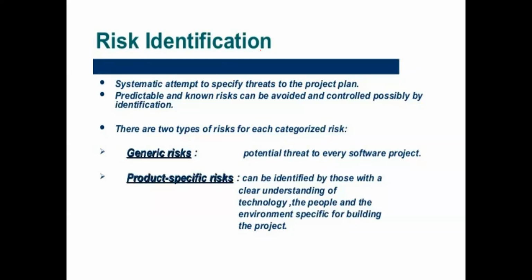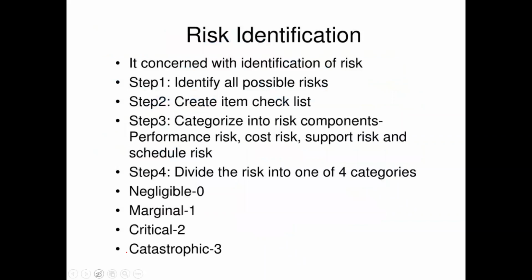So risk identification is the first activity you should perform whenever you are trying to do risk management. You have to identify the risk, and then list it out. We can make a checklist.